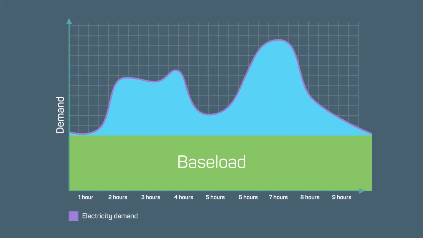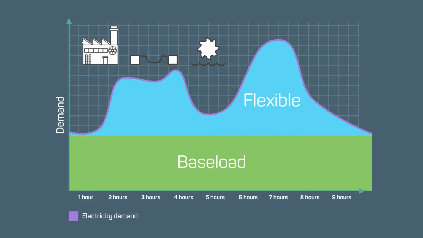Most countries use flexible generation plants, mainly fossil-fueled, which can increase and decrease their output as and when needed. Electricity can also be traded across interconnectors, and some countries are able to use the energy stored in hydroelectric dams to respond to changing demands.